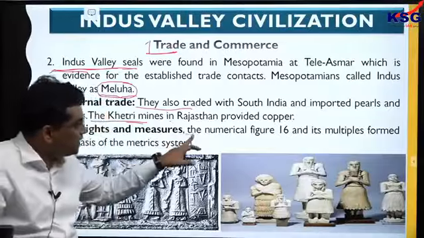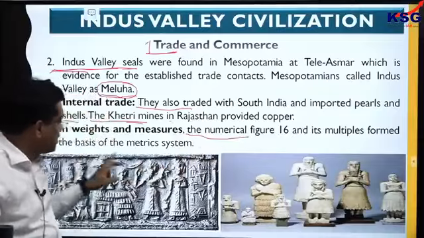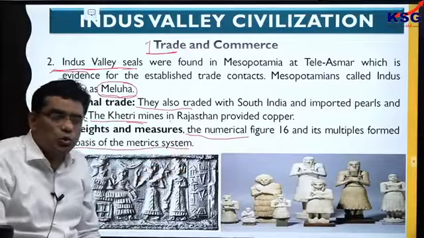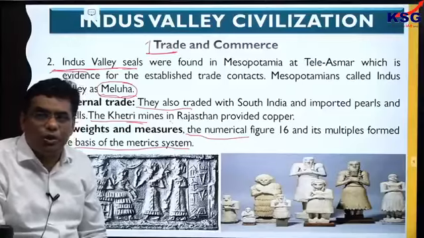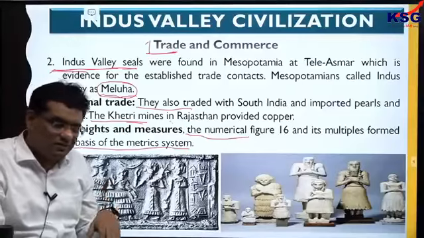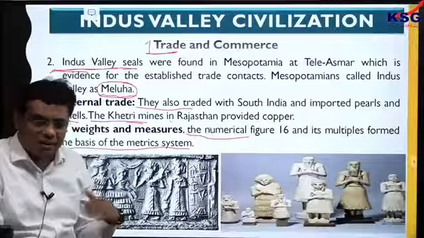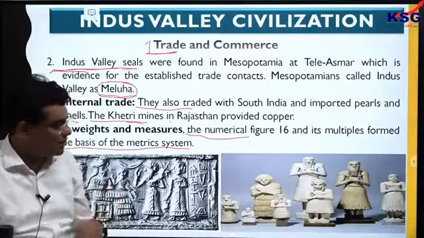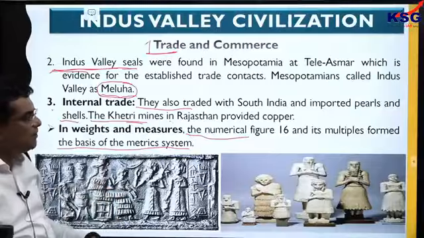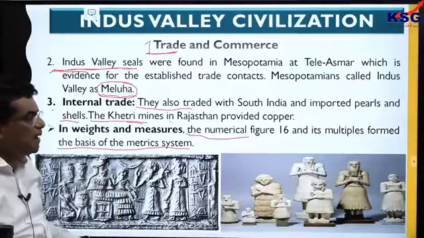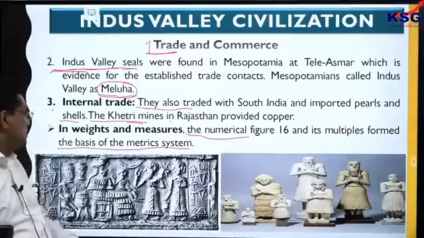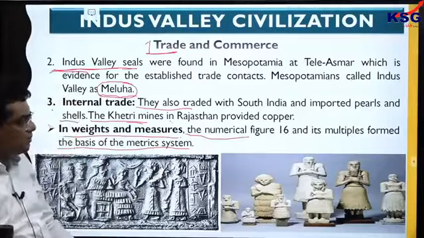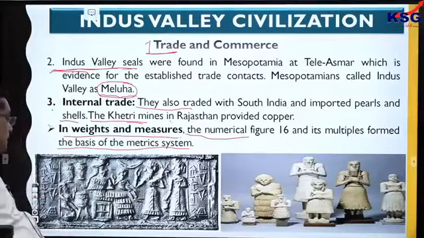So the numerical figure of 16 and its multiples was the basis of the metric system. 16 annas make 1 rupee, so 4 annas is a quarter rupee. Like that they used a figure of 16 and its multiples, mostly in weights and measurement.